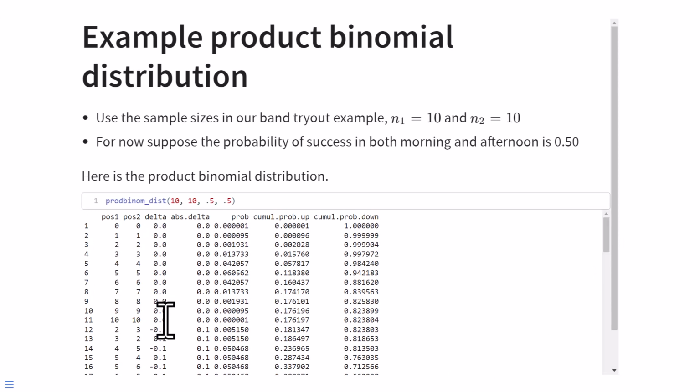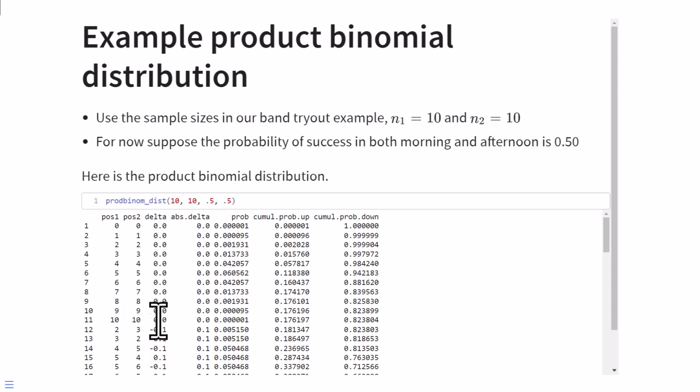And what we notice in this probability distribution is we have the possible number of successes in the first sample and the possible number of successes in the second sample. So we have possible values for x1, possible values for x2, and we have all combinations. And then we have the difference between the proportion of success for each, and that's what we're calling delta.